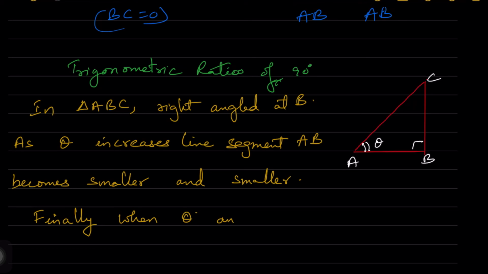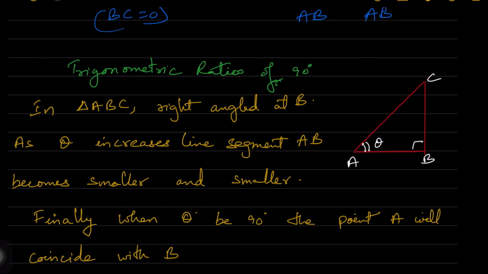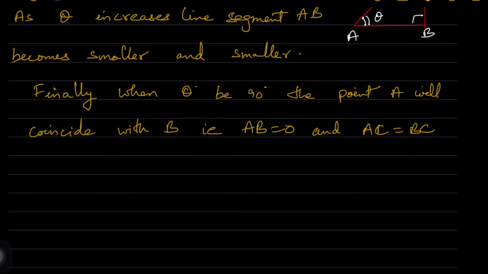Finally, when theta becomes 90, the point A will coincide with the point B, that is AB will become equal to 0. Therefore the distance between A and B is equal to 0. Now we will find out what is sin 90.